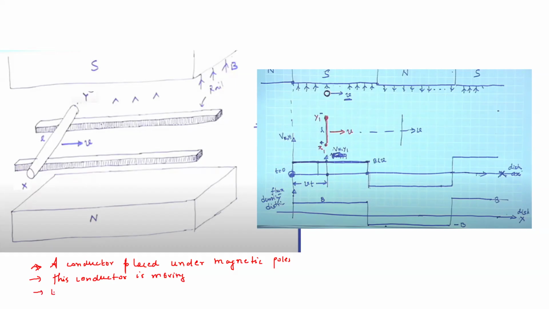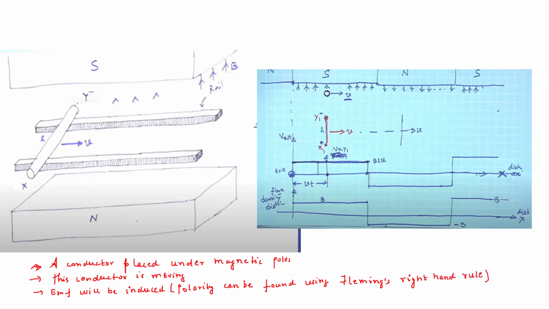And the polarity, the positive and negative polarity of this induced EMF, can be found using Fleming's right hand rule. Okay, so this is the situation.